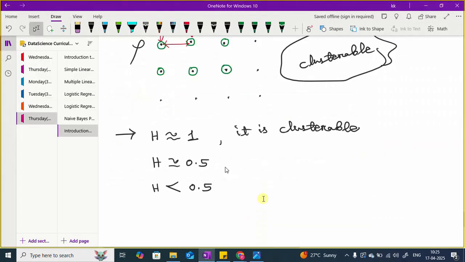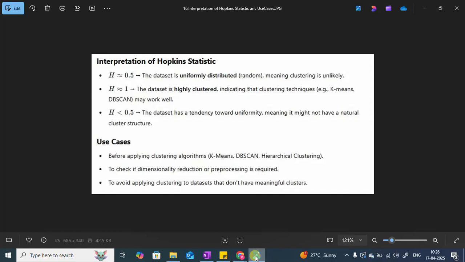Clustering not possible. If H is less than 0.5, the data set has a tendency towards uniformity, meaning it might not have a natural cluster structure.